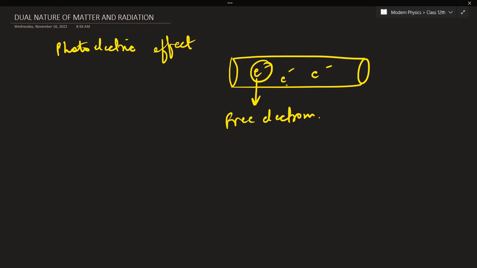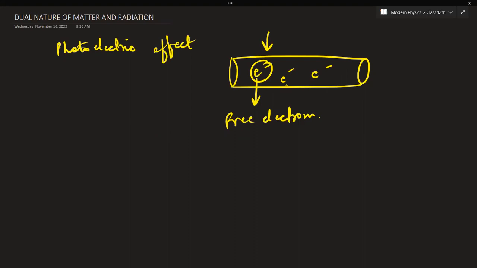Otherwise, electrons would have escaped from any surface unless and until a minimum amount of energy is applied on it. A minimum wavelength is applied. A minimum frequency is applied. Every electron has its own value, has its own threshold. Until and unless that is crossed, the electron will not leave it.